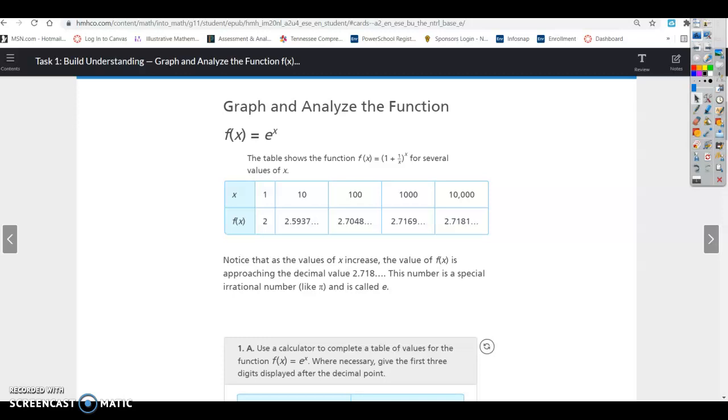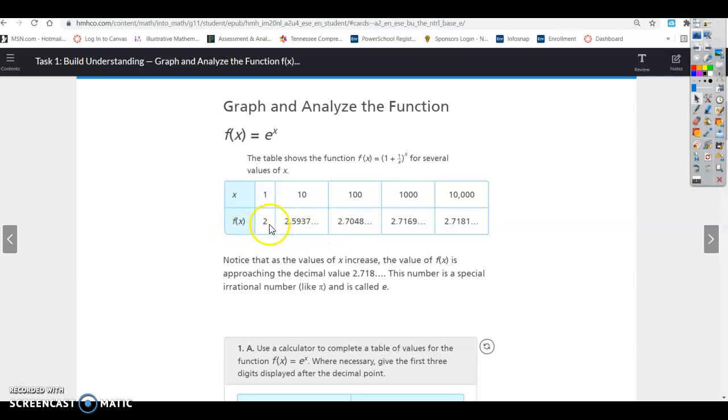So let's get started. All right, to graph and analyze the function f of x equals e to the x power, the table shows the function f of x equals 1 plus 1 over x raised to the x power for several values of x. All right, so you can see in the table they start with 1 and jump to 10, 100, 1,000, and 10,000. And when they do that, you can see what happens to your y value.